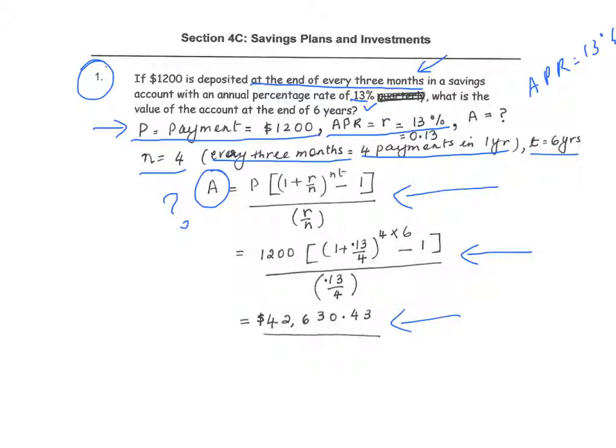That way, you're not doing bits and pieces of the calculations, which will take you away from the precise answer. So at the end of 6 years, with a periodic payment of $1,200 every 3 months, we get $42,630.43.